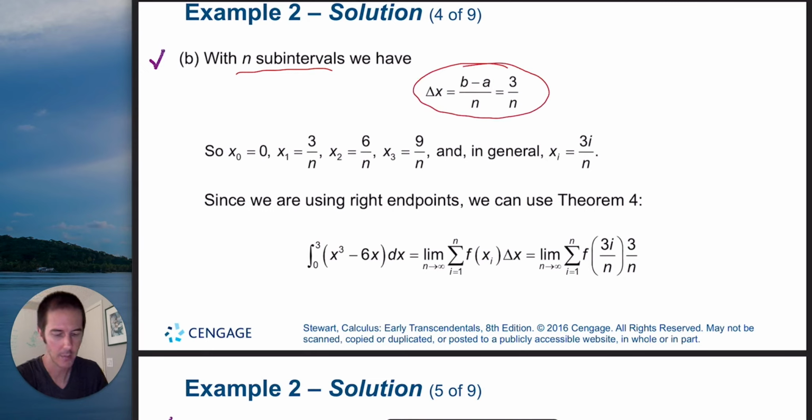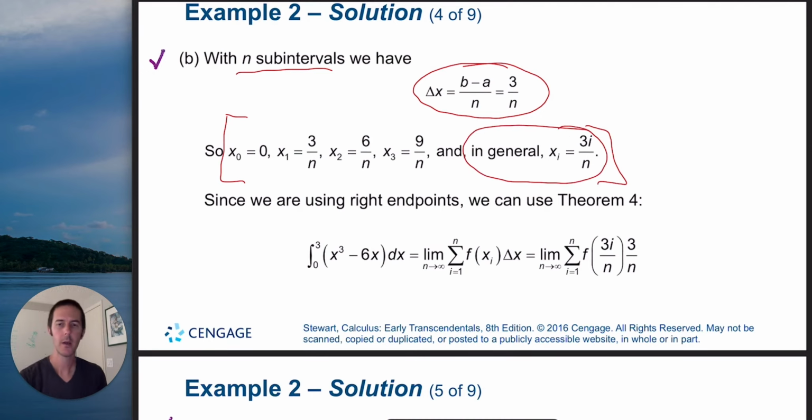We're cutting that into n pieces, and this is not very well articulated here, but the general version of the statement is here. Each one of our x sub i values can be generated using this little formula over here, x sub i equals 3i divided by n. And that was derived maybe by looking at this pattern right here. That's one way to say that.